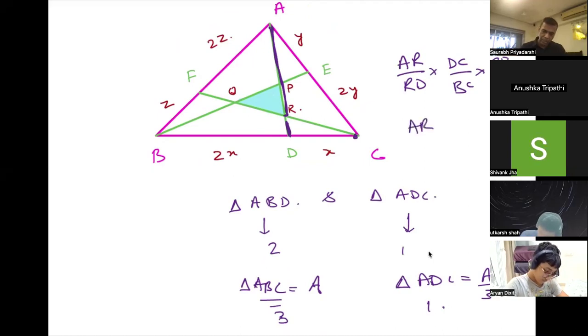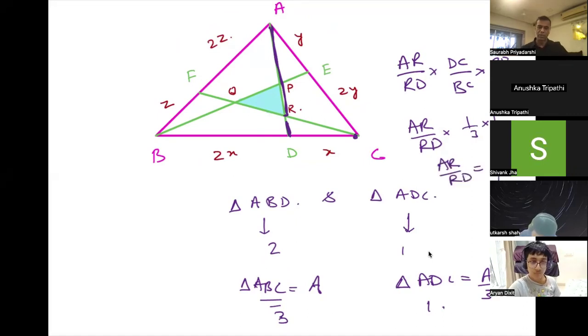So AR upon RD is nothing but 1 by 3 into 1 by 2, that is 6 by 1. AR upon RD is equal to 6 by 1. See this carefully. Or RD upon AR is 1 by 6. Just go up this line only.